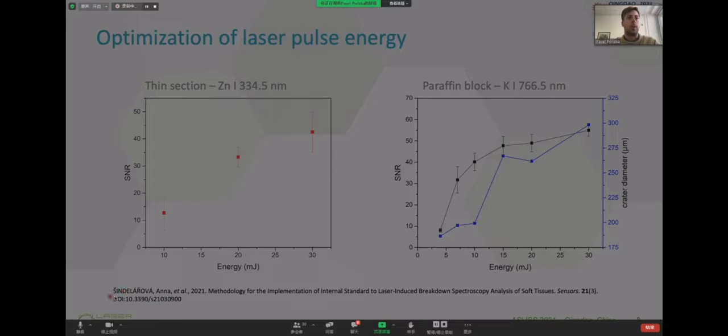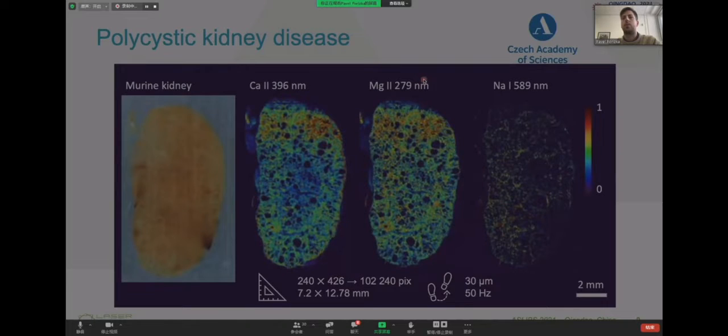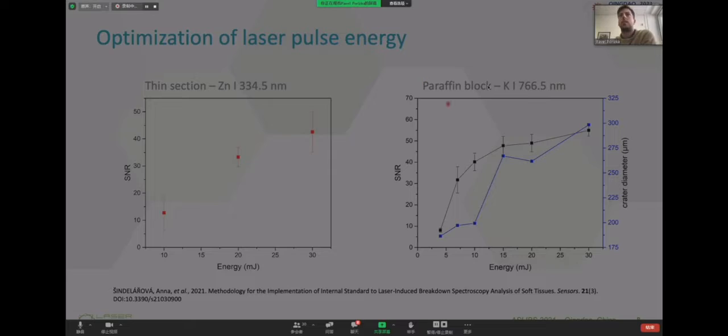Those results are already published in this publication by Anna Šindelářová. What we decided to do next was to analyze those paraffin blocks and look at calcium, sodium, potassium, and other elements.